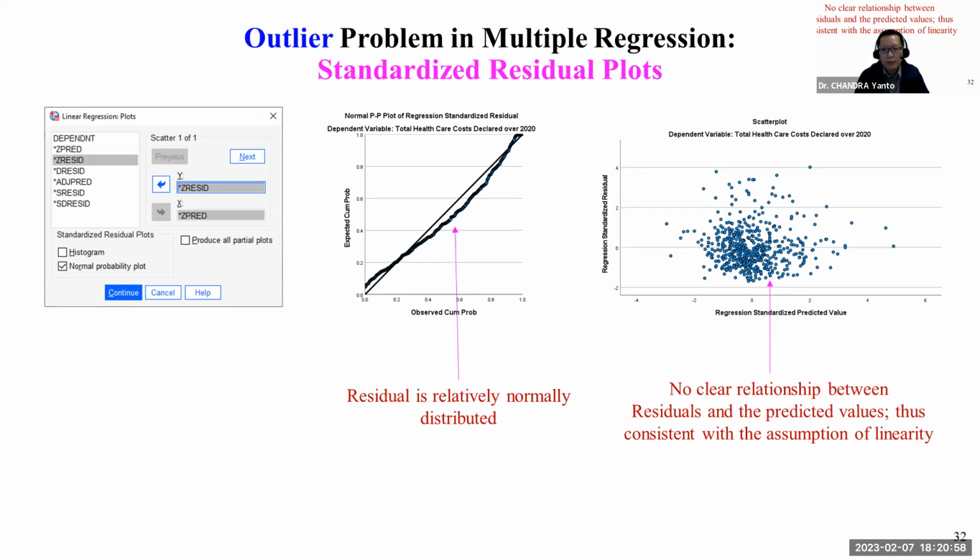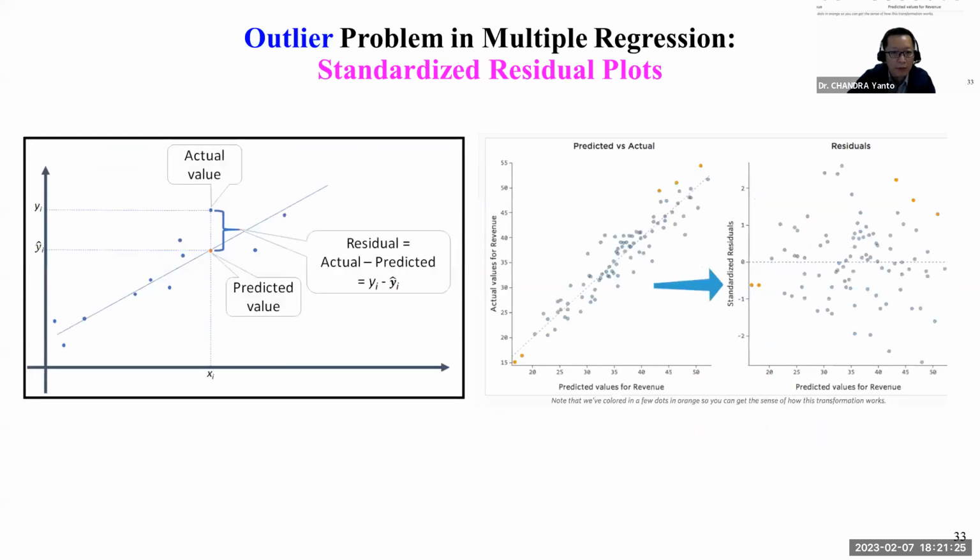This is good because remember when you go to the formula on how you calculate the residual, it is the distance from each observation from that main regression line, and the further that observation is from the regression line, the bigger is the error. So you don't want to have your predicted value and your error to be so closely related, right? So when you have these things very much scattered everywhere, it shows that your data is pretty much fine. There's no serious outlier problem.